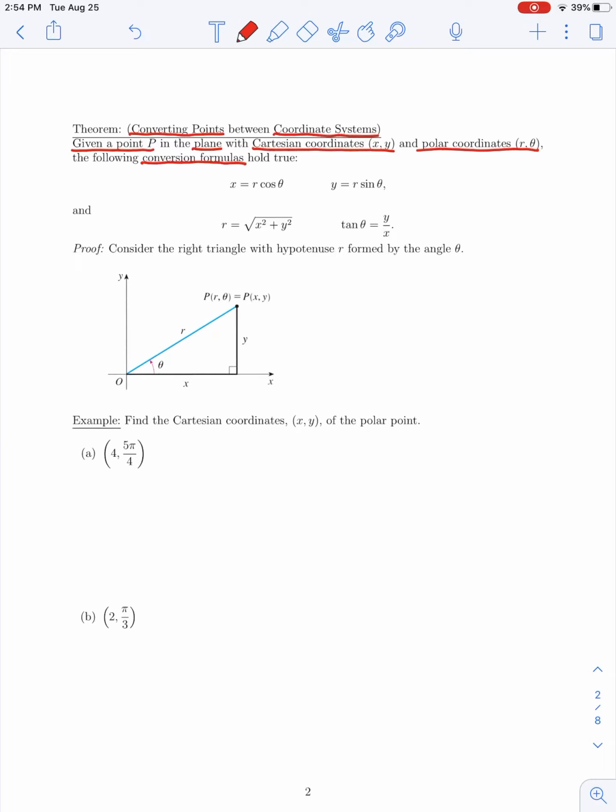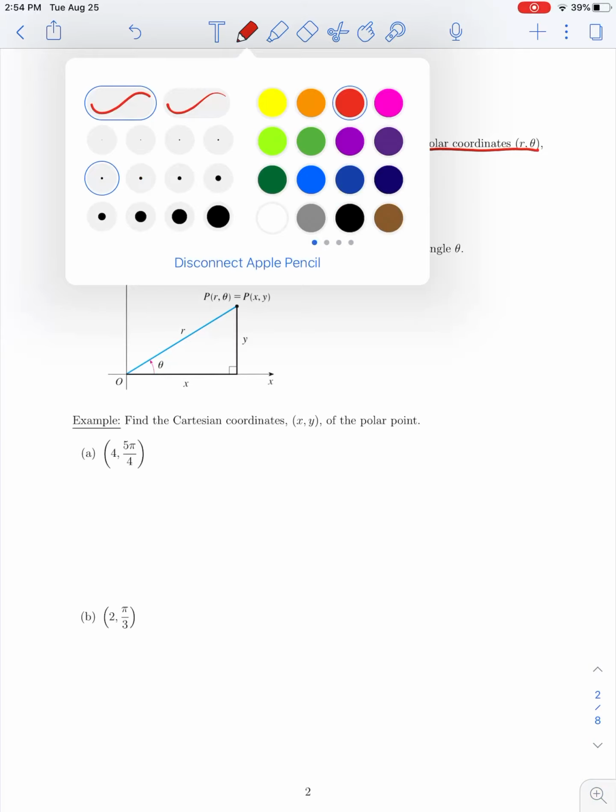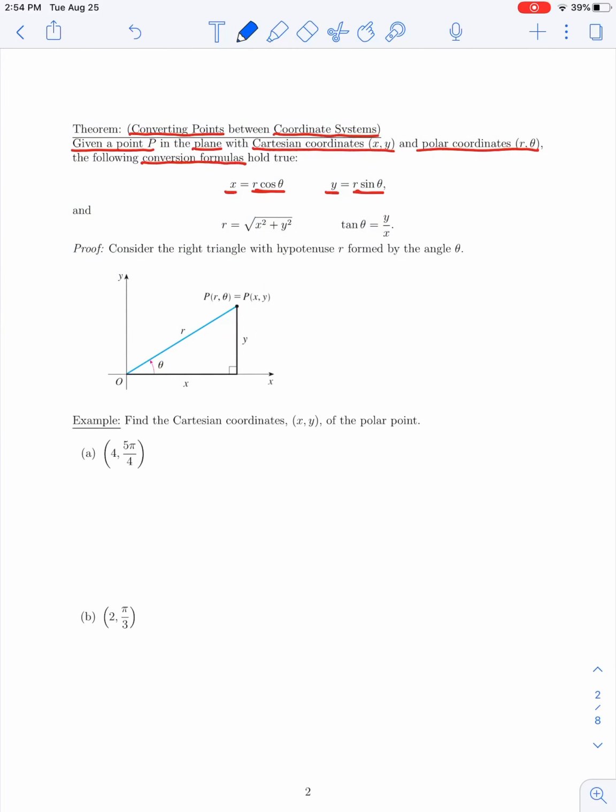So if we have r and theta, we can find the xy coordinates by saying that x is equal to r cosine theta, and y is r sine of theta. Now, conversely, if we're given the Cartesian coordinates, x and y, for some point, we can define the polar coordinate, r, as the square root of the sum of x squared and y squared.